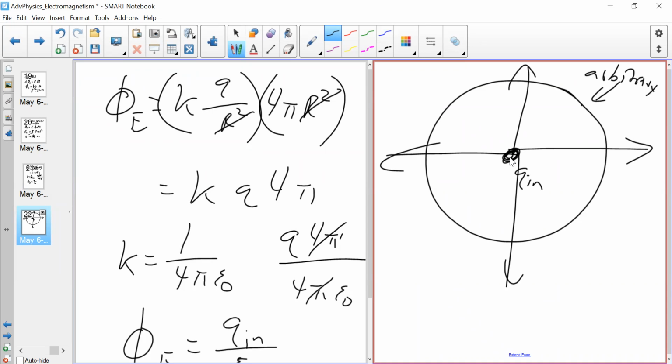And if this is a rod, I can make another Gaussian surface around that and do it in terms of the linear charge density, or surface charge density, depending on what type of surface I'm surrounding it by.